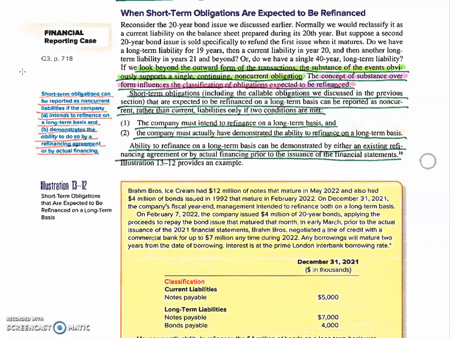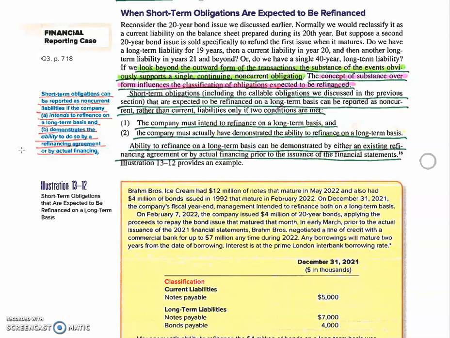Now, for a smaller organization, let's say a smaller business, and they take out a long-term bank loan, and it's coming due within a year, they actually have to go out and demonstrate by renegotiating a refinancing agreement or actually refinancing that they have the ability to refinance that debt.